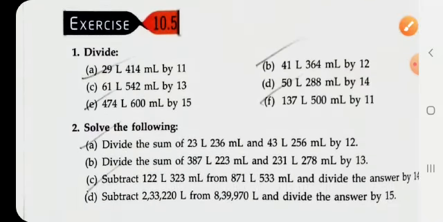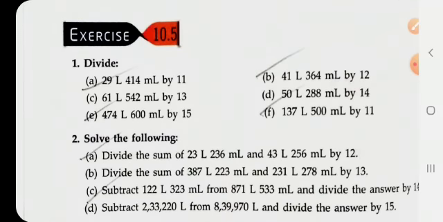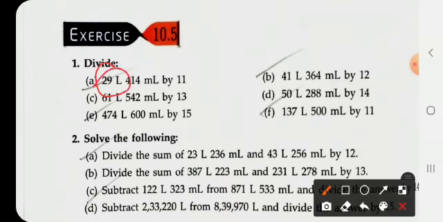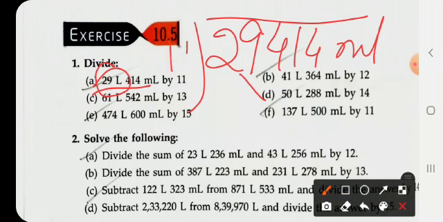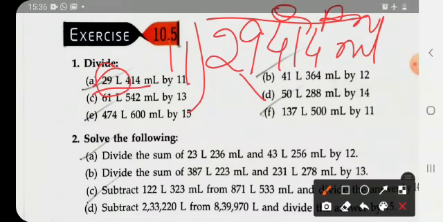Let's do exercise 10.5, where it is said, now question number 1, 29 liters 414 milliliters. First convert this 29 liters into milliliters, and the answer will be 29,414 milliliters to be divided by 11, and then you can simply divide and get the quotient over here, and that is the answer.